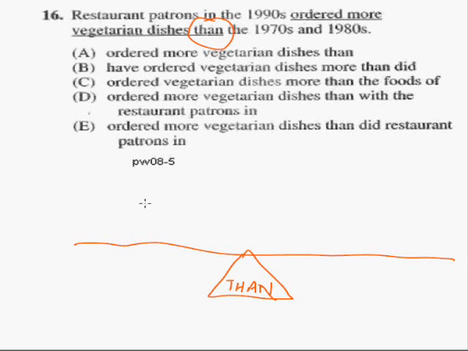And so let's read our sentence. Restaurant patrons in the 1990s ordered more vegetarian dishes than the 1970s and 1980s. So we have patrons, and we're balancing patrons with 1970s and 1980s.